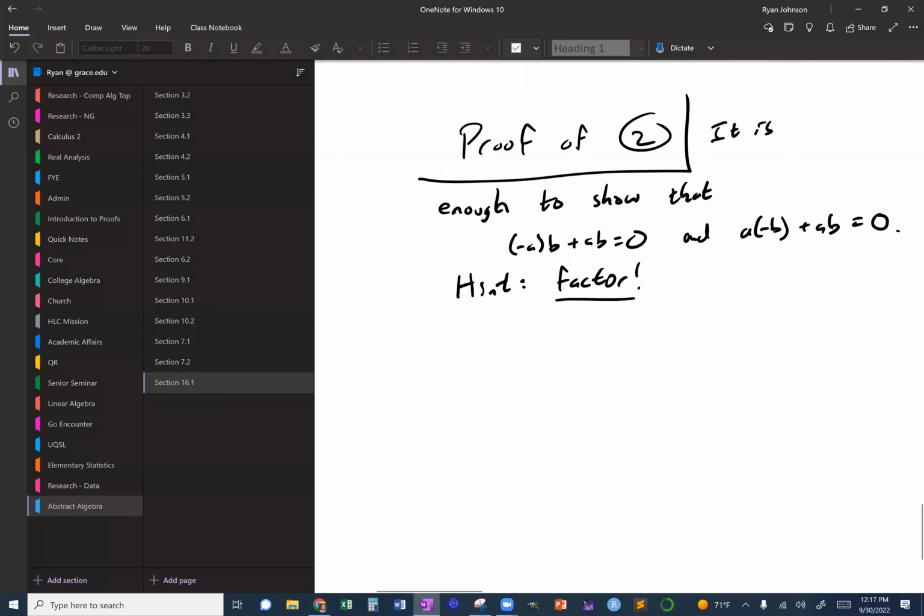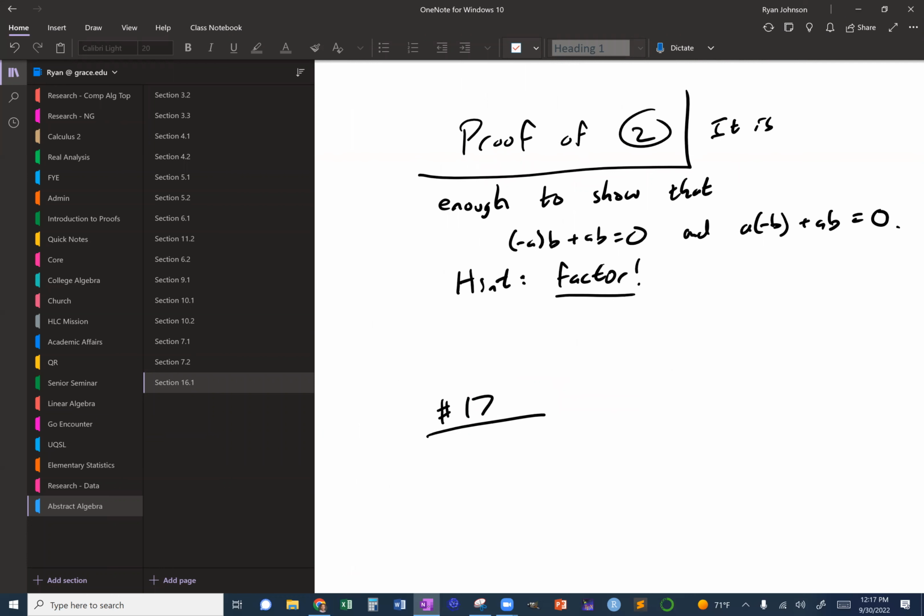So for 17, I want to show -1 times A equals negative A. When you first see this and you're asked to prove it, you're like, duh. But you have to remember what each of these things means. So -1 is the additive inverse of 1. -1 is a thing that when you add it to 1, you get 0.